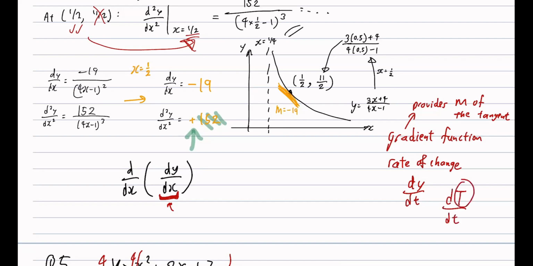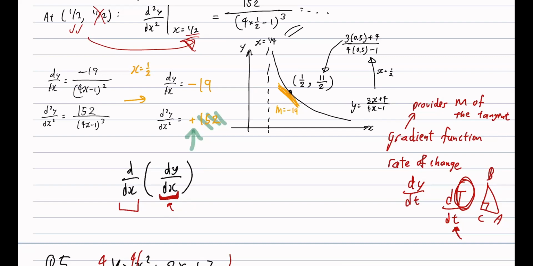Or just now the dA by dt. How fast is the area of the triangle changing? Remember the triangle just now? This one? Point B, point A, and point C. How fast is the area changing with respect to time? Little t is time, big A is area. So it's asking how fast is it changing. So if you look at the outer d by dx against this inner dy by dx, dy by dx is itself a function, right?